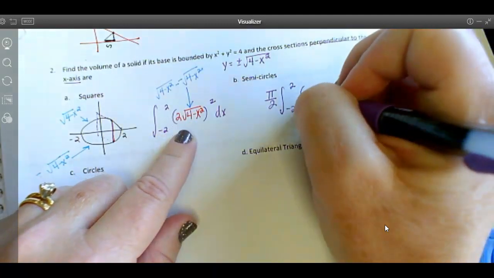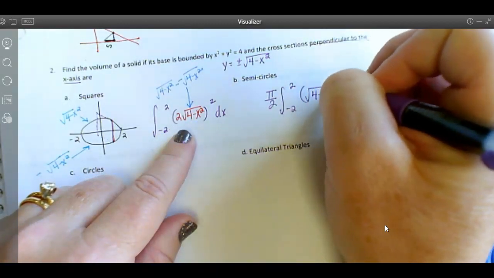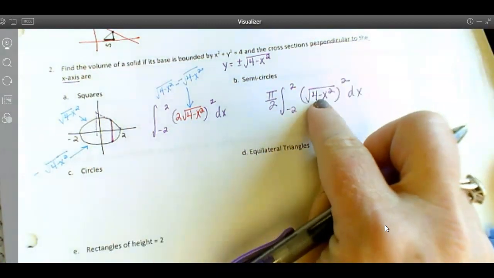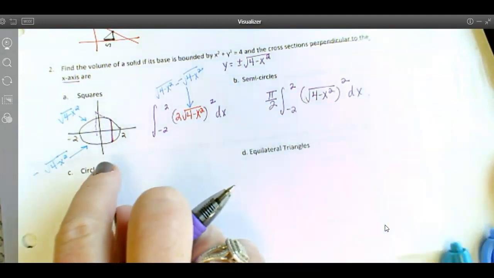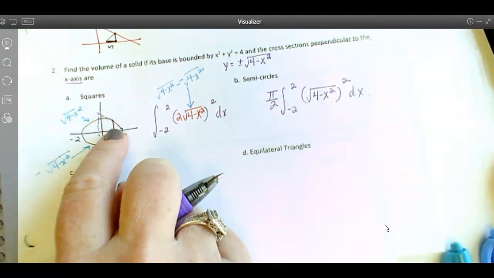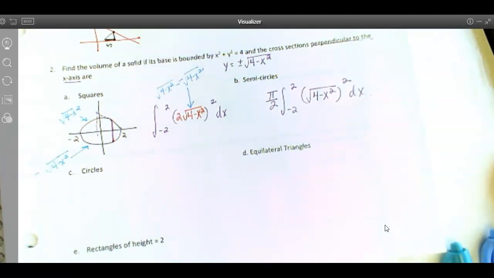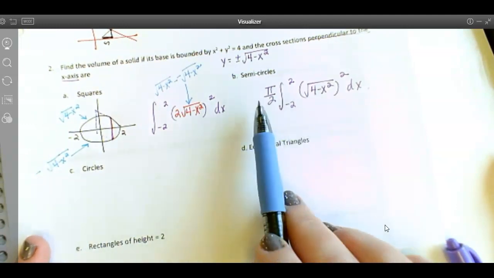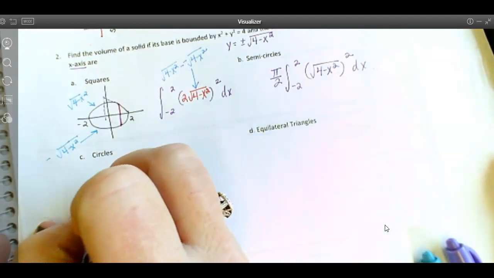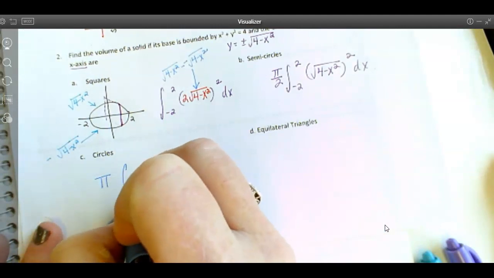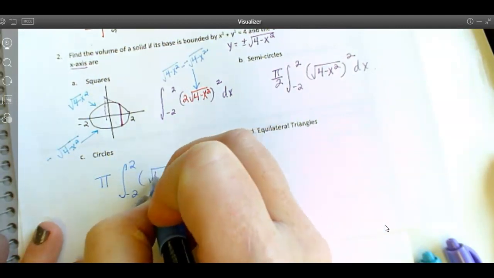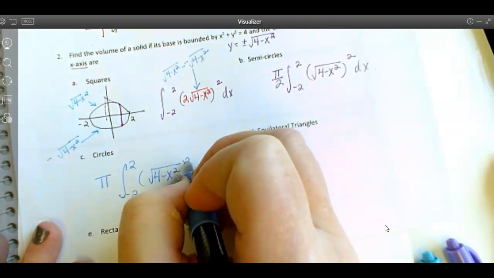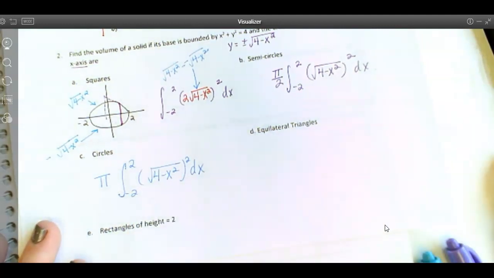So I'm just going to get the square root of 4 minus x squared, because that's the length of half of the side of the semicircle if that was a semicircle instead of a square. Again, circles is very similar to semicircles without the 2. So pi times the integral from -2 to 2 of the square root of 4 minus x squared, squared, and then there's that one.